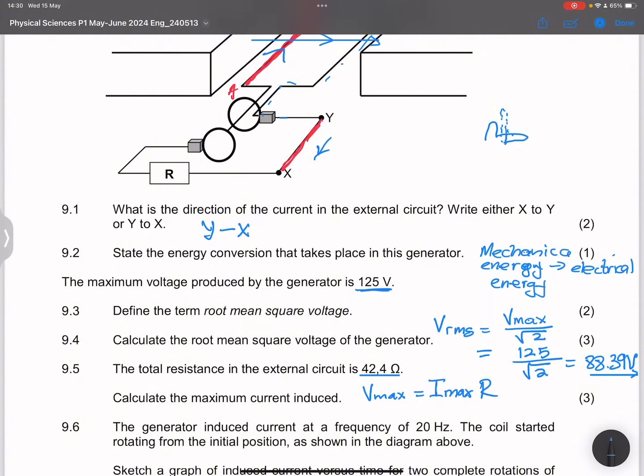Our Vmax is 125 and our resistance is 42.4.